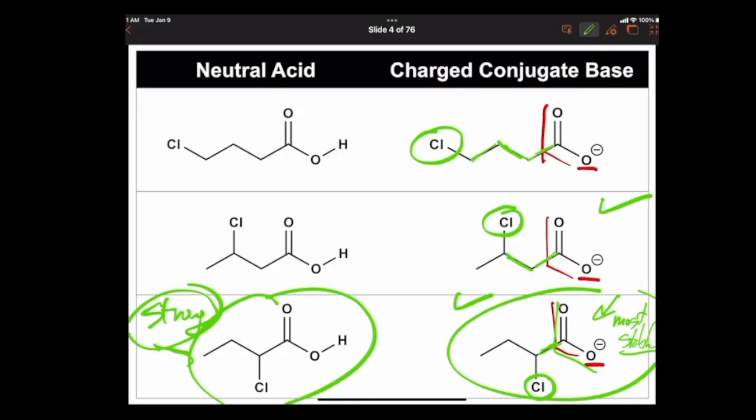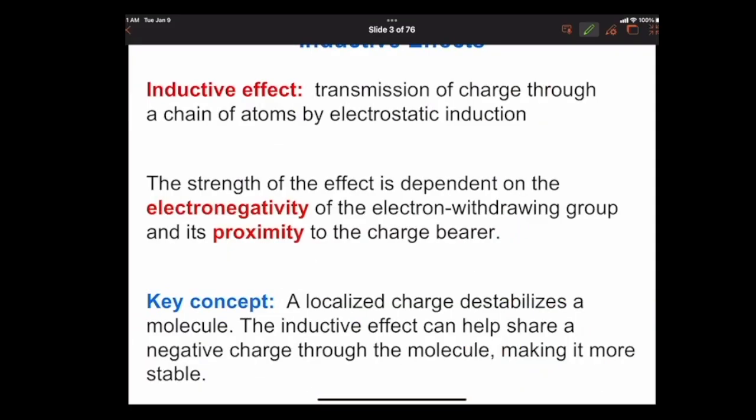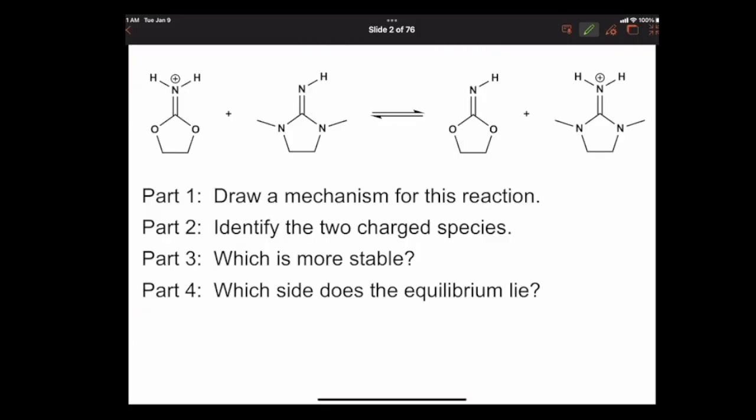That is the more stable one, so the equilibrium will move in that direction, away from the conjugate acid side of it. Okay? Make sense? All right, let's go back now to this problem.